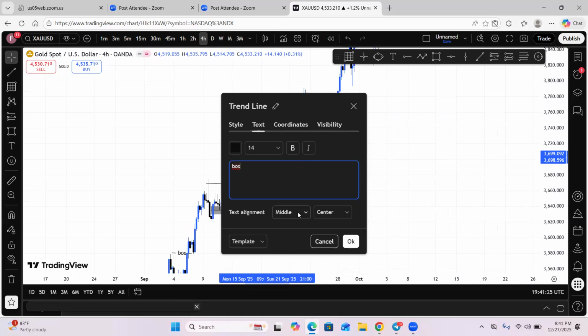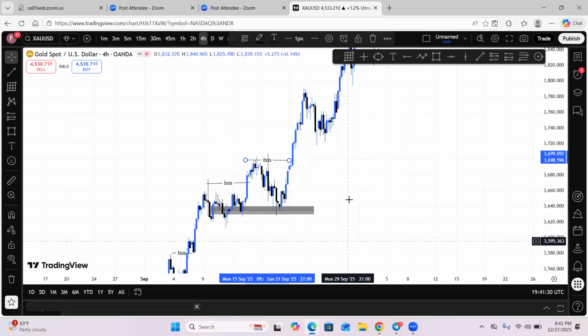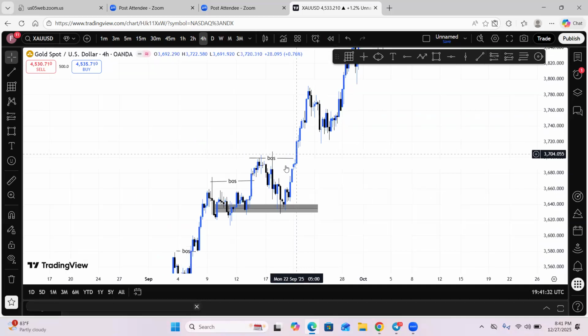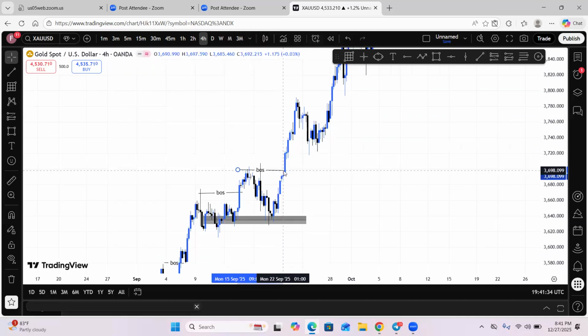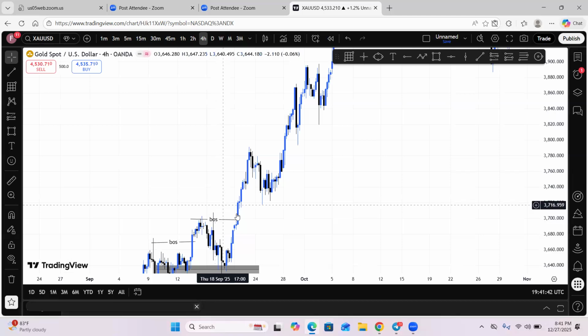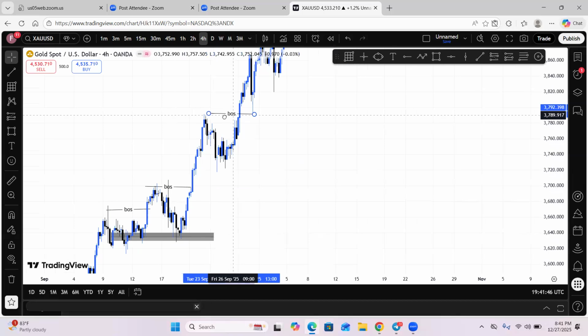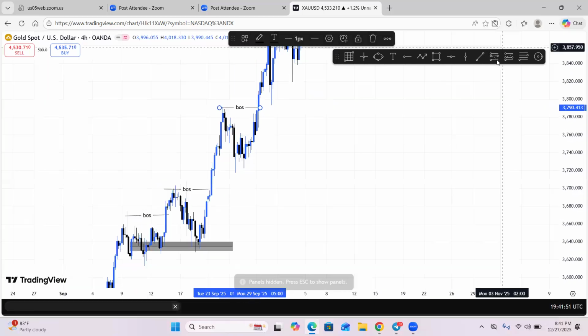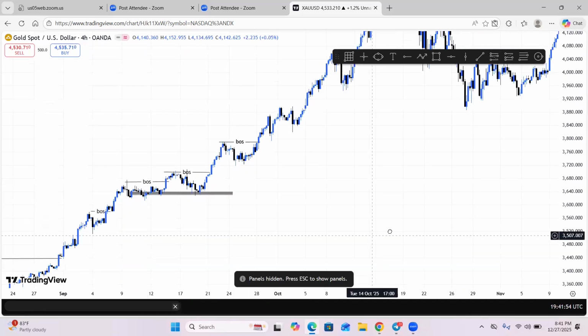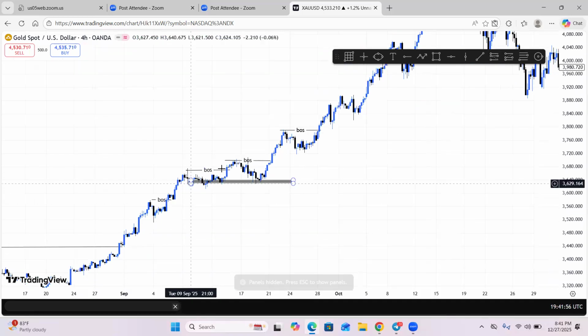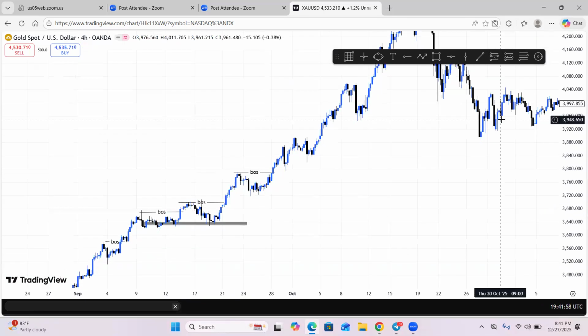This is another break of structure. What happened? Price moved up again. It came back, it retraced. There was a minor pullback and it moved up again, creating for us another break of structure. Let me expand my chart. So as you can see, price is moving to the upside, it's breaking structures to the upside.